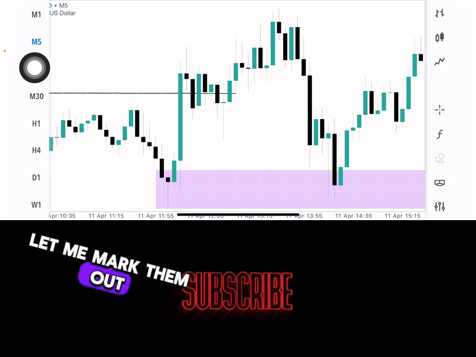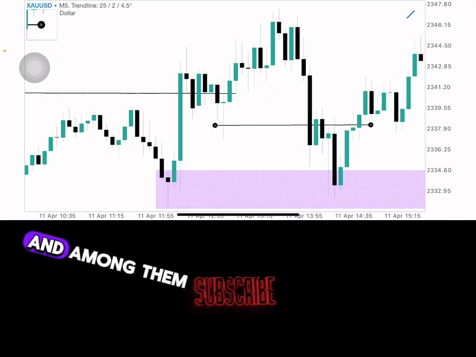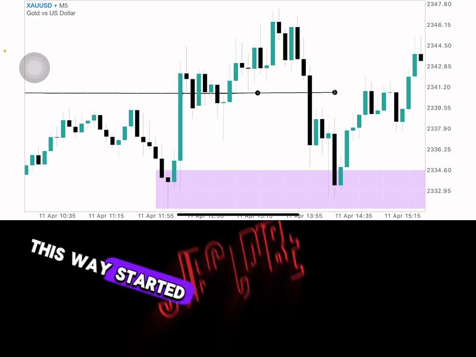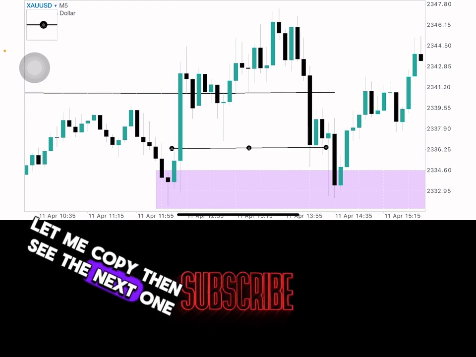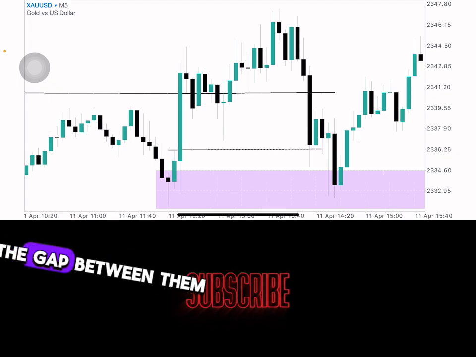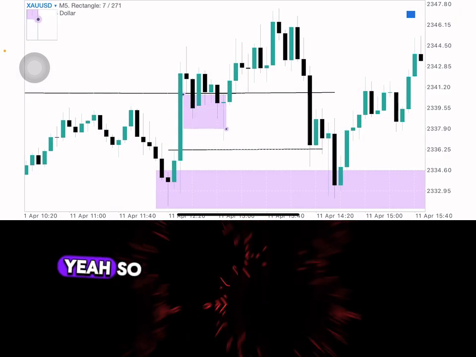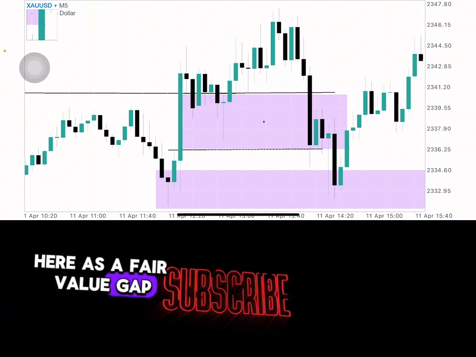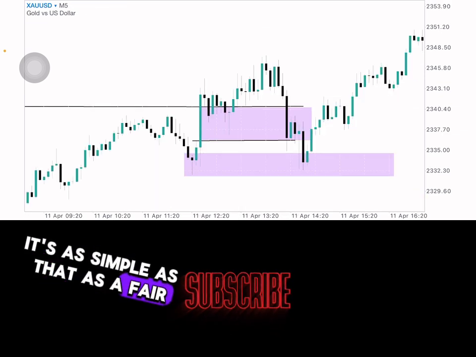So let me mark them out. This is where it started. Let me copy. Then this is the next one here. So the gap between them, here to here, that's a fair value gap. Okay, yeah, it's as simple as that. That's a fair value gap.